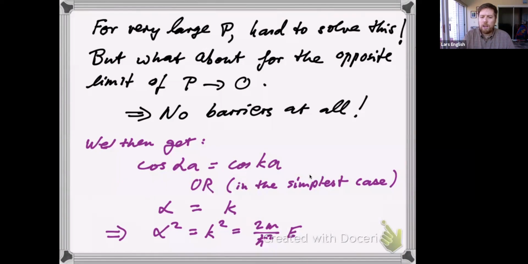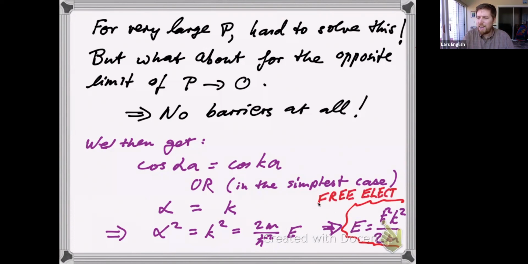But we also know that alpha squared is equal to 2m over h bar squared times E. So now we get this equation here, which I'm going to invert and solve for E. And so we get E is equal to h bar squared K squared over 2m, which is the exact formula for a free electron. So there is some self-consistency here going on: if the barrier strength goes to 0, I do recover the energies for a free electron, in a roundabout way.